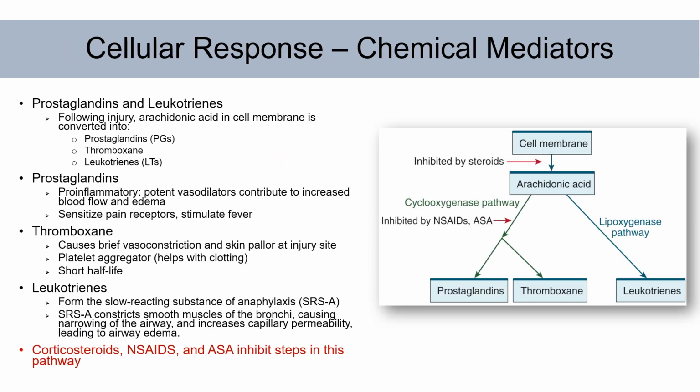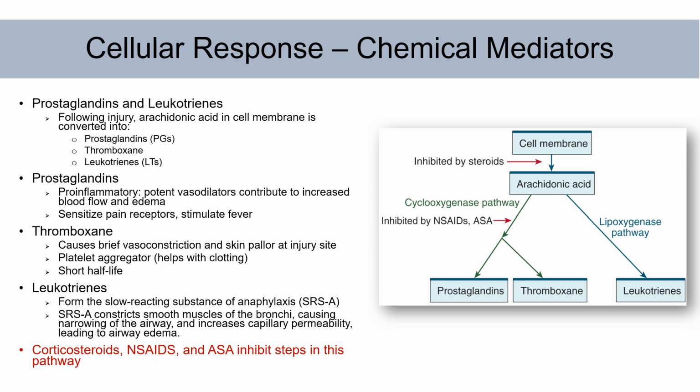So we're going to go a little bit deeper now into chemical mediators. So prostaglandins and leukotrienes. So these guys are converted from arachidonic acid. And arachidonic acid is found inside of our cell membranes. And it doesn't ever touch anything because it's kind of locked in the cell membrane.